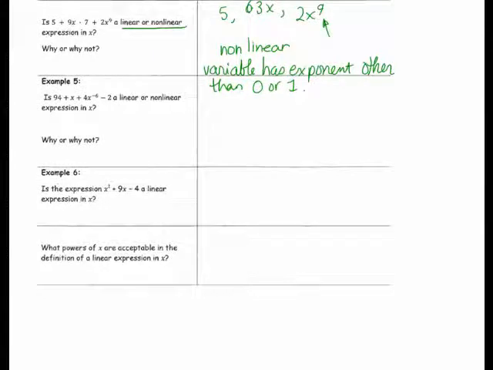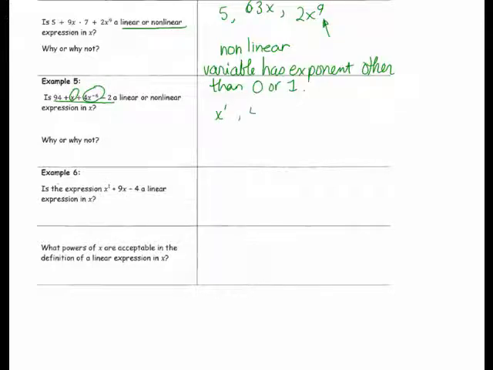In example 5, 94 plus x plus 4x to the negative 6 minus 2. Is it a linear or nonlinear expression in x? Why or why not? So what we want to do is take a look at the term that has a variable and then look at the exponent. So this x has an exponent of 1.